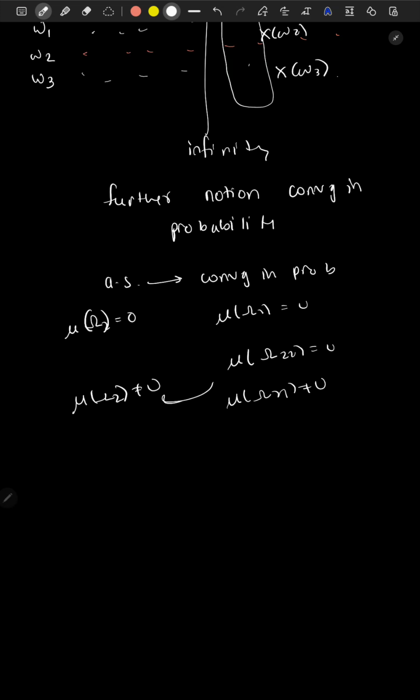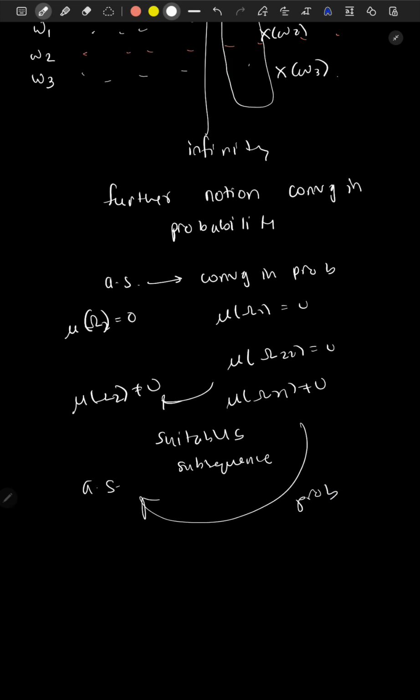But in my explanation I was hinting towards a proper subsequence. Earlier the explanation was that at infinity it almost behaves well except for a few points, but if I am allowed to choose a subsequence, I can always choose to ignore those, and in that case the converse holds true: from convergence in probability you have almost sure convergence along a subsequence, because you can always make this term 0.